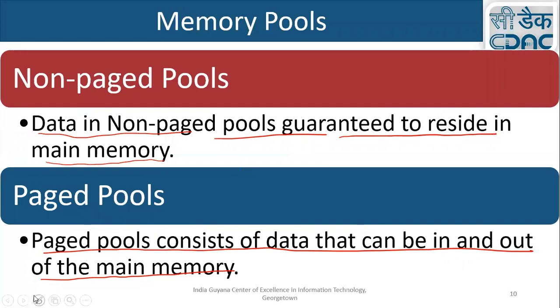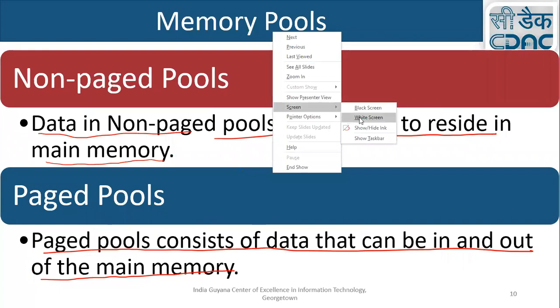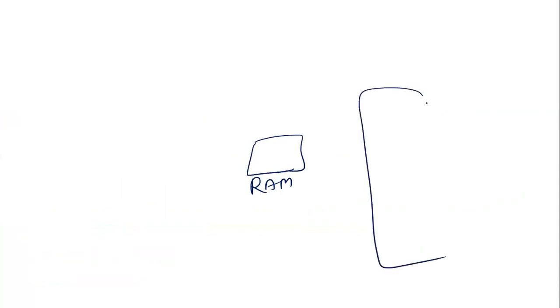So I think this particular diagram is no longer there, so I'm drawing it again. This is your RAM space, and this is your hard disk.